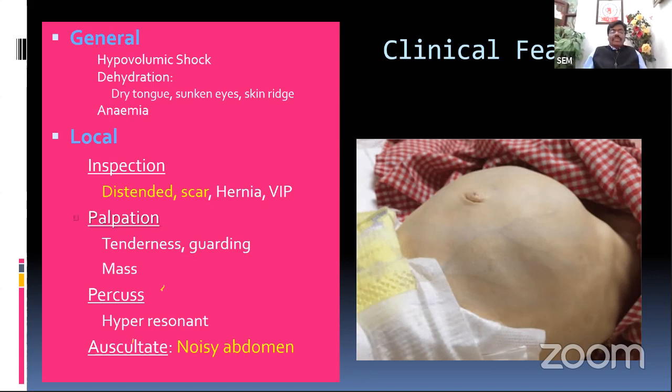It is not a very important person. It is visible intestinal peristalsis, like visible gastric peristalsis we see in gastric outlet obstruction, GOO. GOO is gastric outlet obstruction, BOO is bladder outlet obstruction, VIP is visible intestinal peristalsis. All these mnemonics, you had better try to expand.